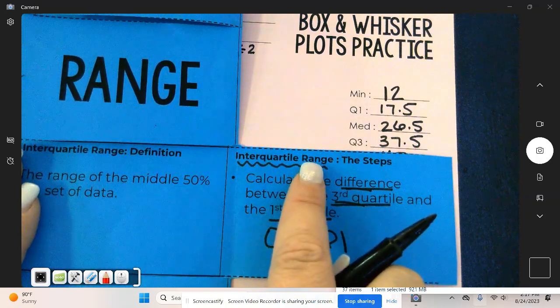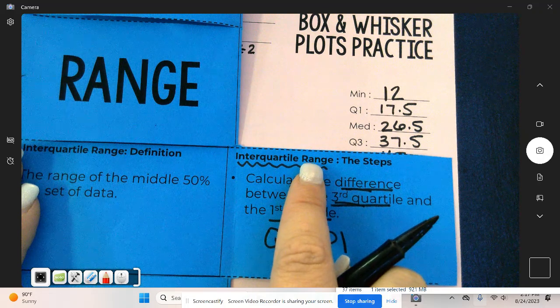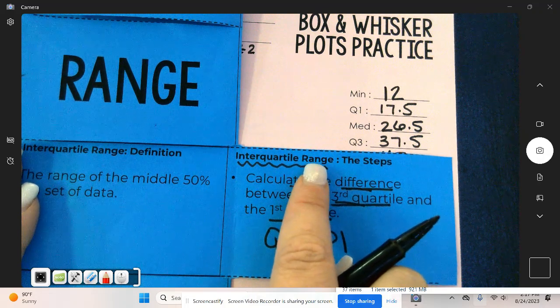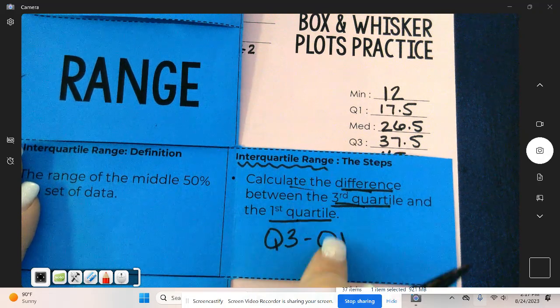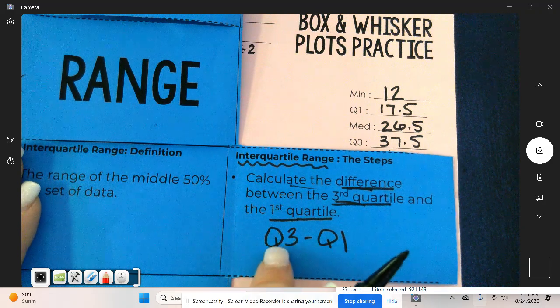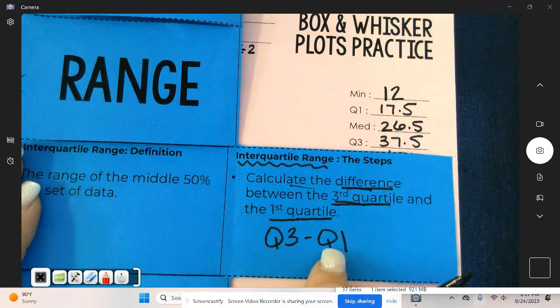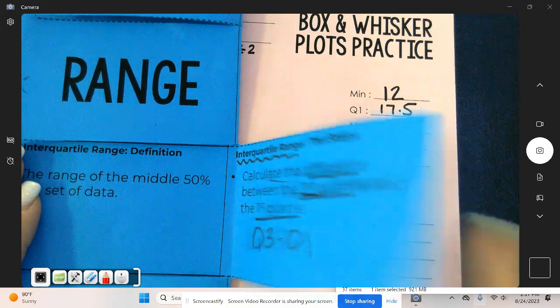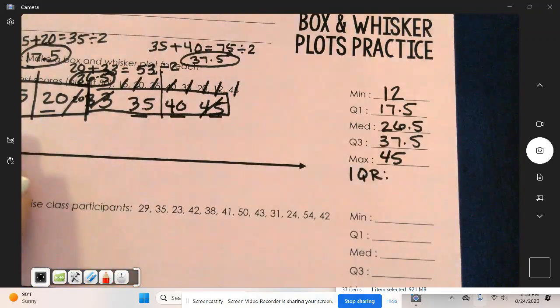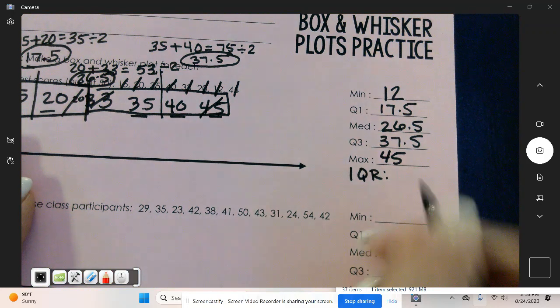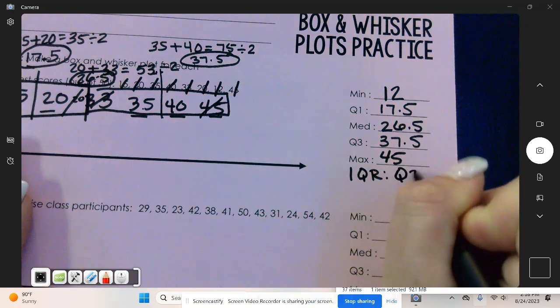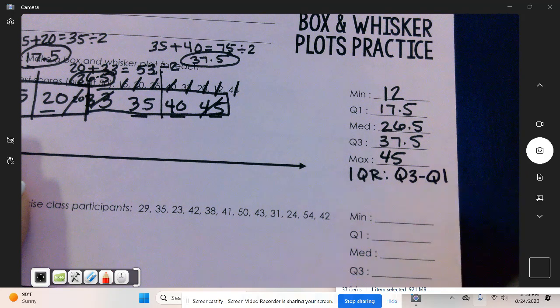And range means big minus small, right? That's basically what we're doing, but we're doing big minus small with Q3 and Q1. So IQR is just Q3 minus Q1. And you might want to write that down somewhere because that's what your Excel assignments are going to be.